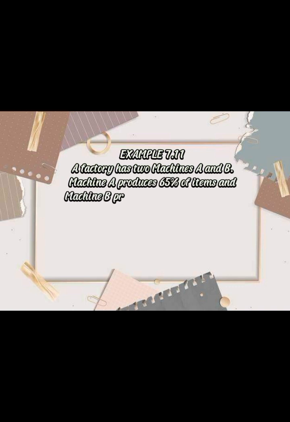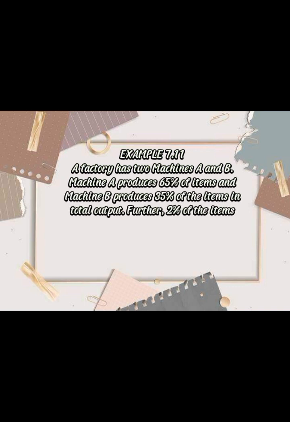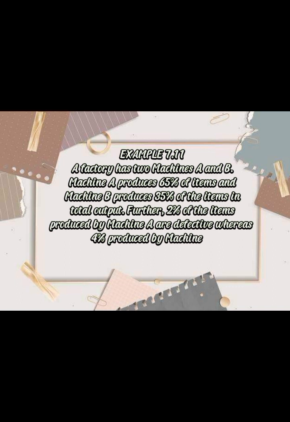Example 7.11. A factory has two machines, A and B. Machine A produces 65% of the items and machine B produces 35% of the items in total output. Further, 2% of the items produced by machine A are defective, whereas 4% of those produced by machine B are defective.